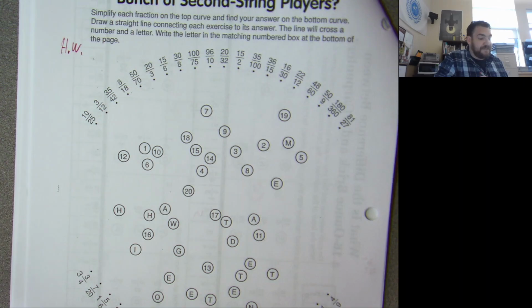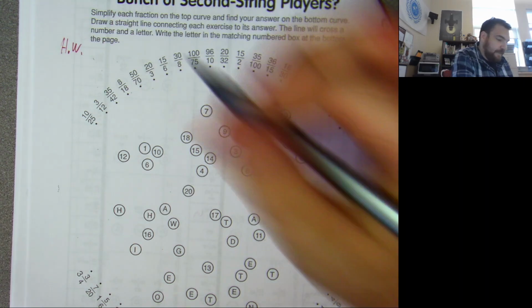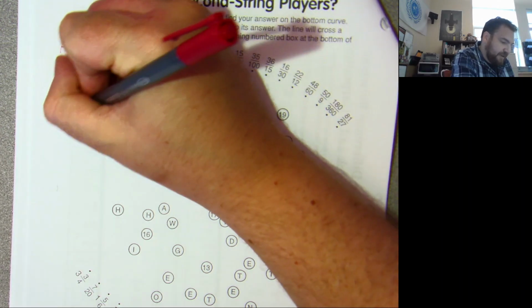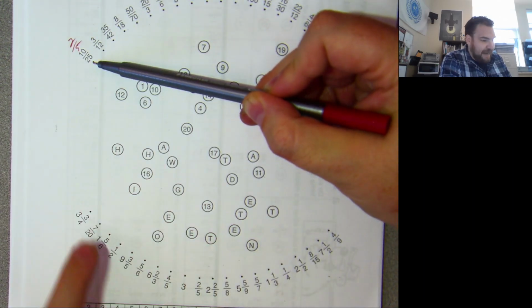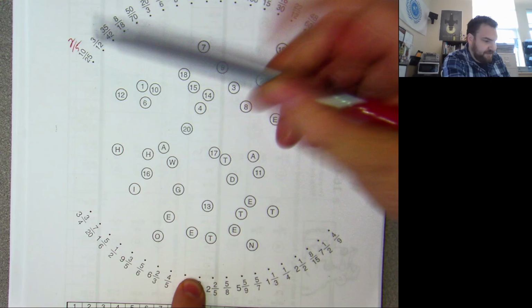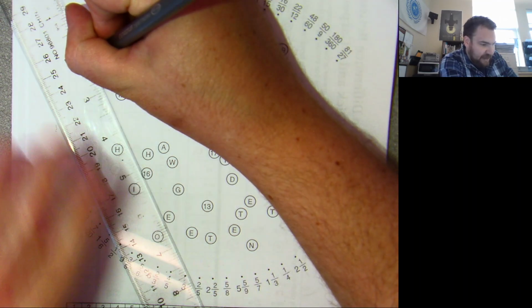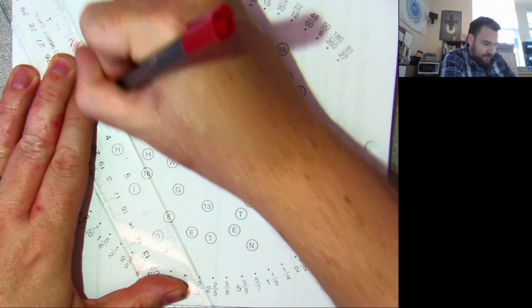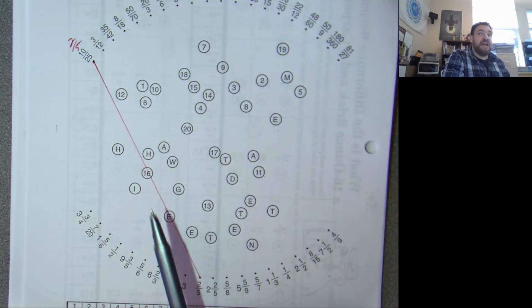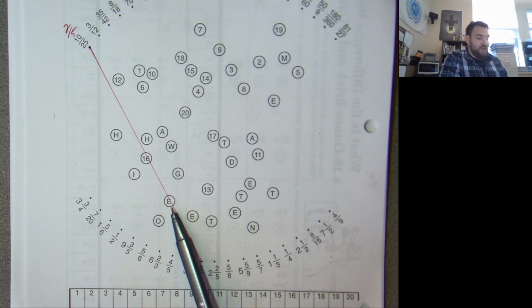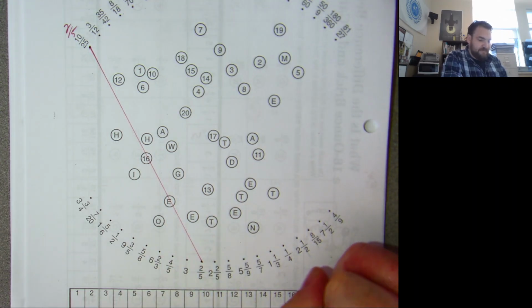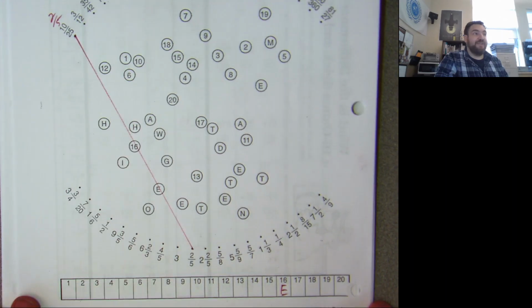So 10/25, both of those are divisible by 5, so 10/25 is going to become 2/5. You take the dot for 10/25, you find the dot for the answer 2/5, and you connect them with a line. Each line is only going to go through one number and one letter. So box number 16 is going to be letter E. And that's how you do that one.